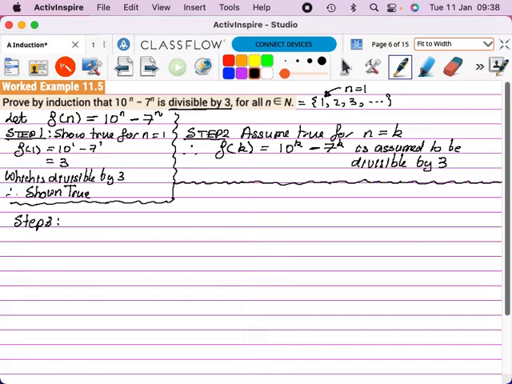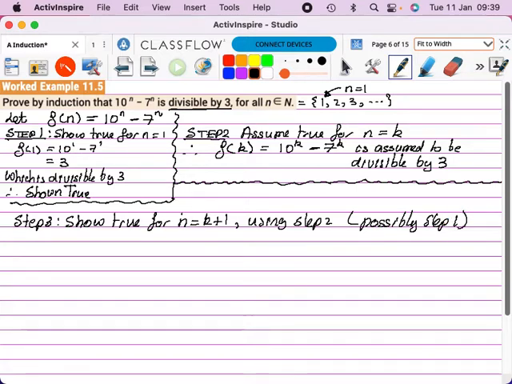You're trying to show it's true for n equal to k plus 1 using step 2 (possibly 1). Okay, so the statement is easy to make, but now we've actually got to write it in mathematics.